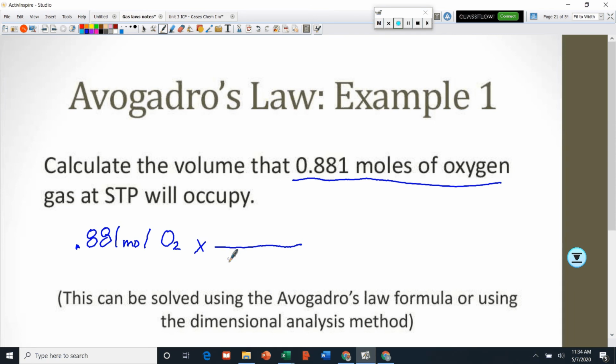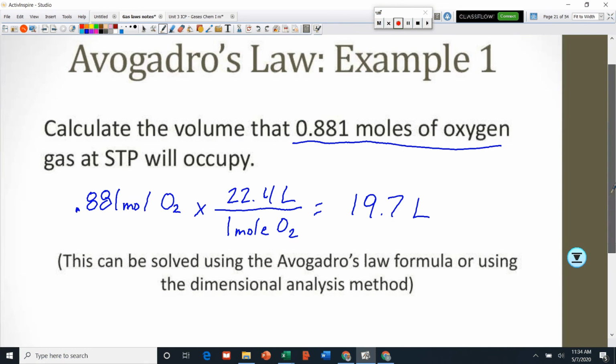So we know that 1 mole of O2 is going to occupy 22.4 liters. So basically 0.881 times 22.4 means that it's going to occupy approximately 19.7 liters.